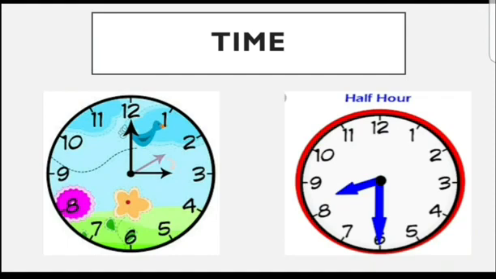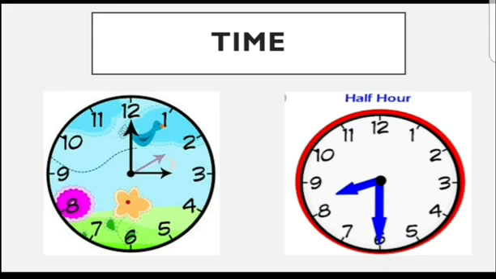Now, for example, see the first clock. Here the hour hand is at 3 and the minute hand is at 12. So what is the time in the clock? Yes, in this case it is 3 o'clock. Okay. Now see the second clock. The minute hand is at 6, that is it has completed exactly 30 minutes.